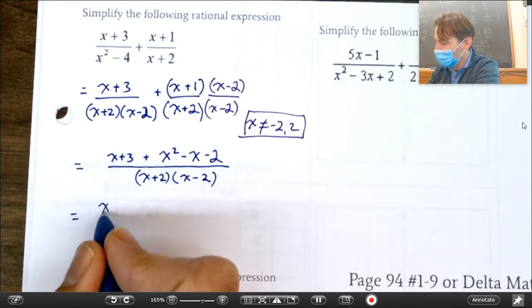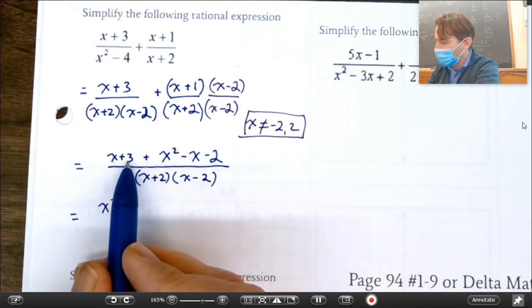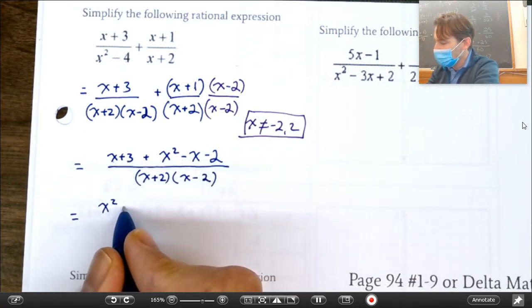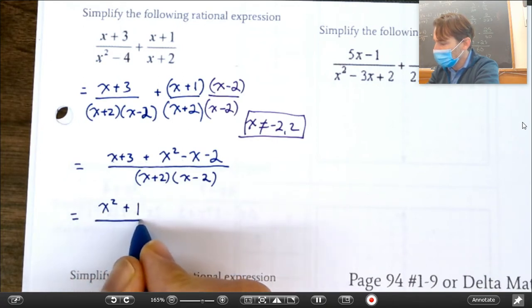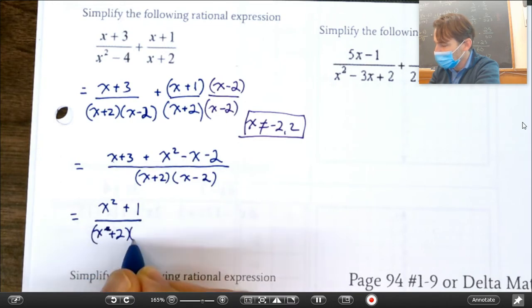We will have x squared, x minus x is just 0, and then 3 minus 2 is plus 1. X squared plus 1 all over x plus 2 times x minus 2.